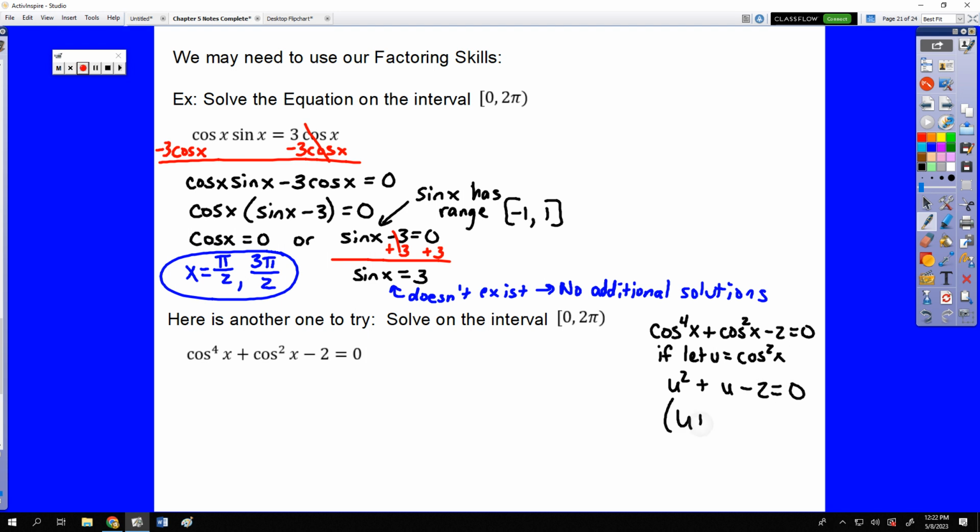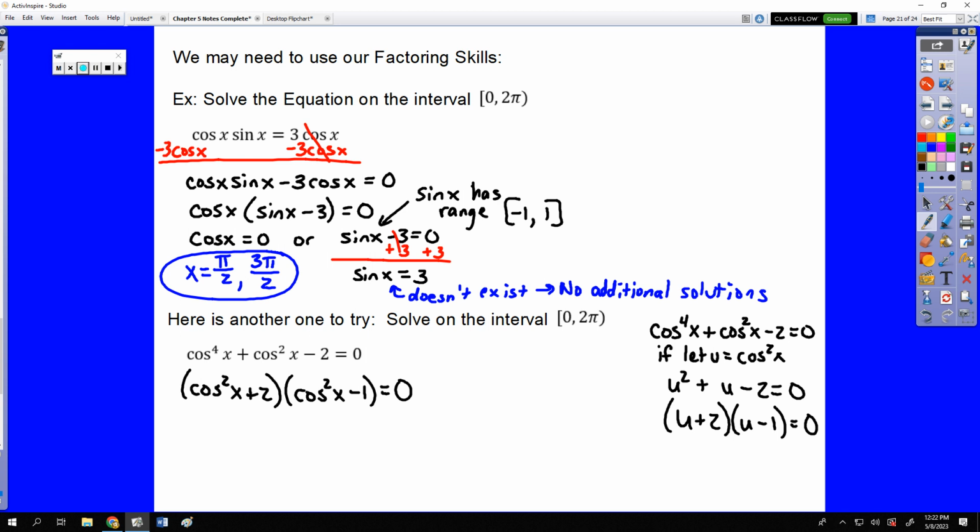Our factoring skills should tell us that that factors into u plus 2 and u minus 1. Now since u is cosine squared, that means that this factors into cosine squared x plus 2, cosine squared x minus 1.